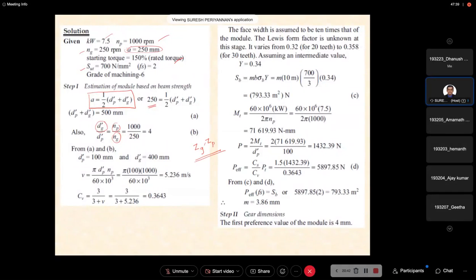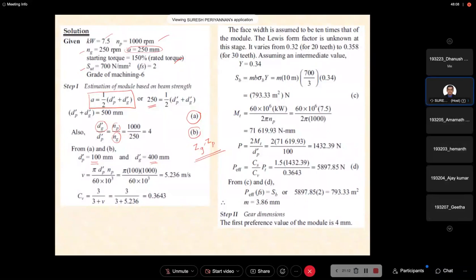Please keep that in mind. From these two equations, we can find DP and DG. Simplifying them, the pitch circle diameter of the pinion is 100 mm and the pitch circle diameter of the gear is 400 mm.